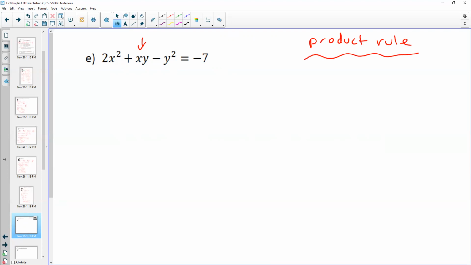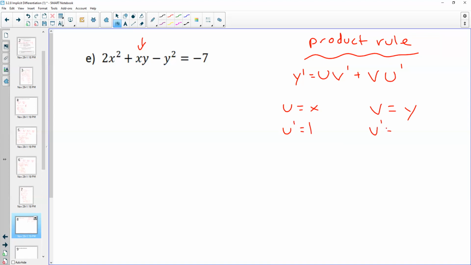Okay, so product rule is y prime is equal to u times v prime plus v times u prime, right? So we'll let u be equal to x and v be equal to y. So u prime will just be 1.